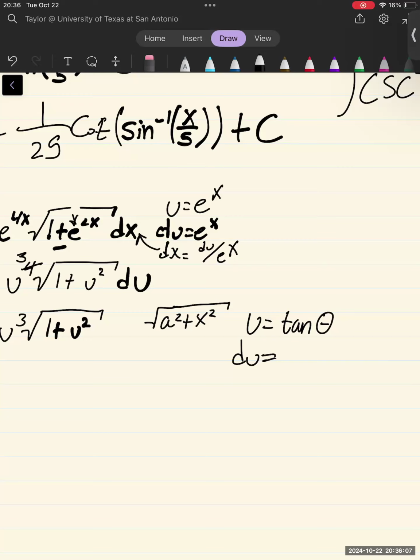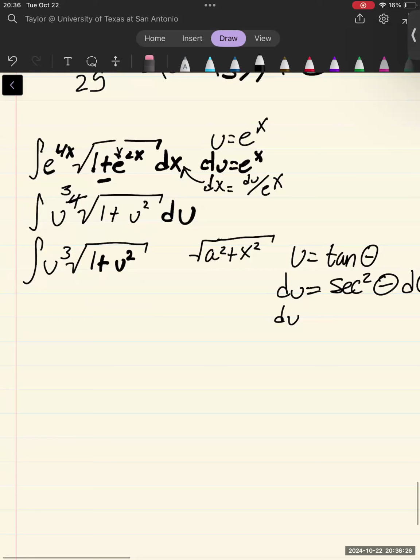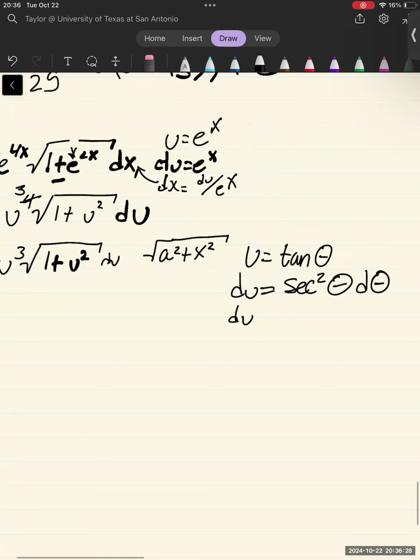Secant tangent? Almost, that's the derivative of secant. Secant squared. Nice. So du equals secant squared theta d theta, and then dθ equals du over secant squared theta.